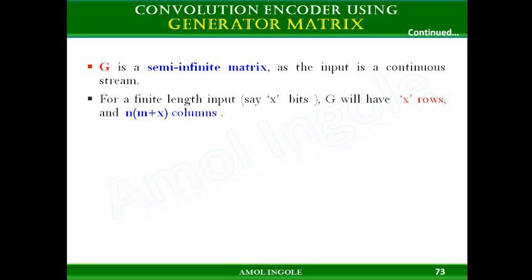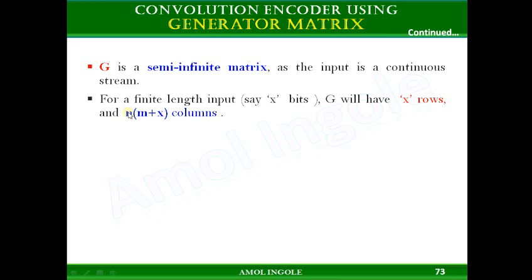For a finite length input, let us say the input bit stream has x bits in it, G will have x rows. The number of input bits is equal to the number of rows of the generator matrix, and the number of columns will be equal to n into m plus x, where n is the number of output bits.